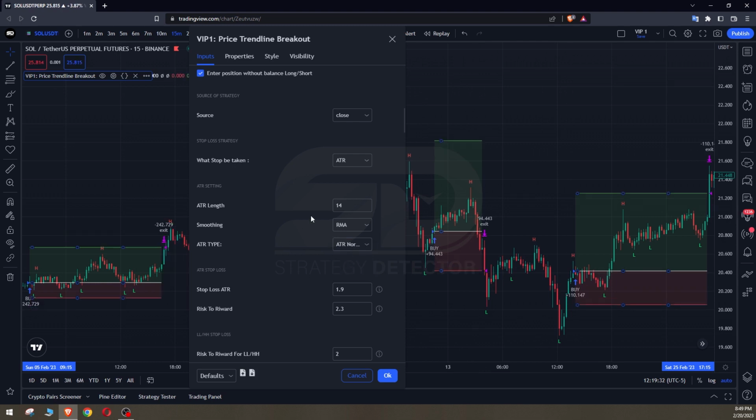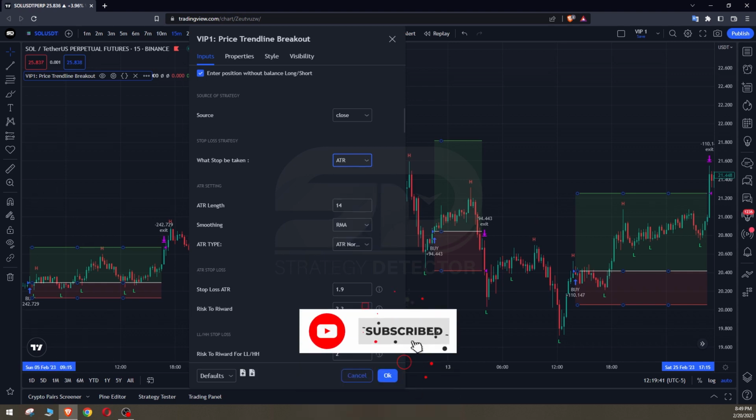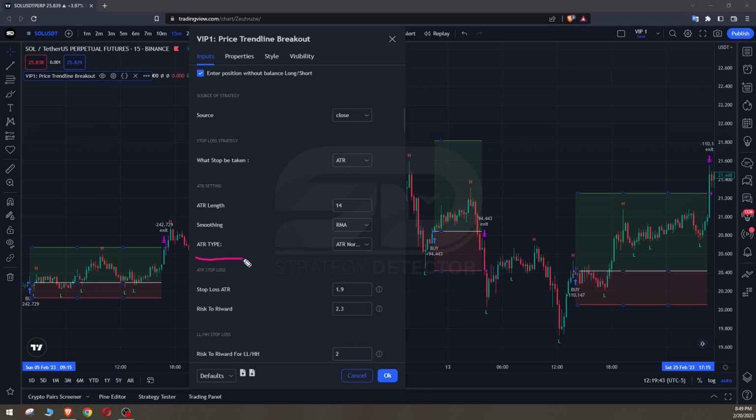When you adjust the ATR settings and ATR calculations here, if you choose the ATR stop for your stop loss placement, this section relates to your ATR stop settings. Only this section. When you activate the ATR stop, this part is your settings for this stop type.